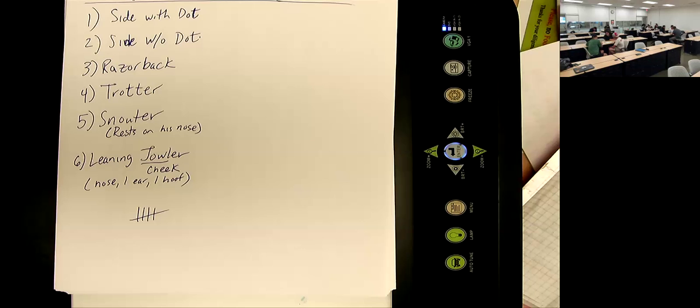Snouter, trotter. Razorback, dot, and a dot. Two razorbacks and a dot.